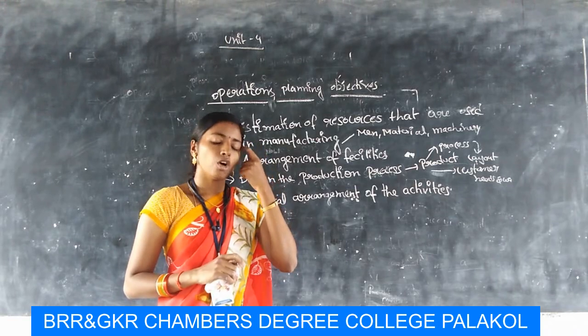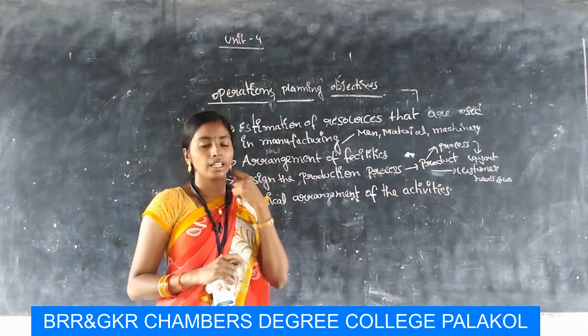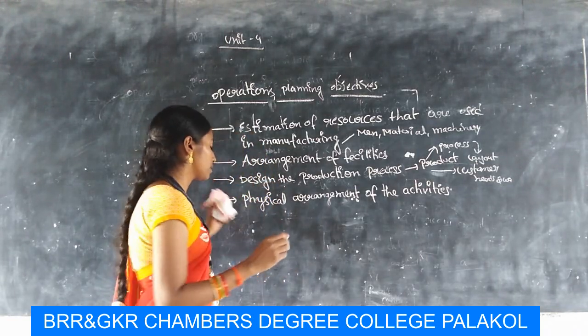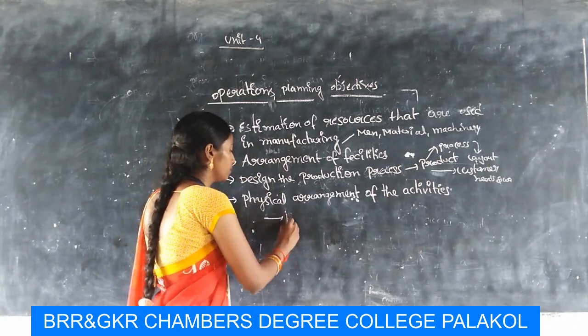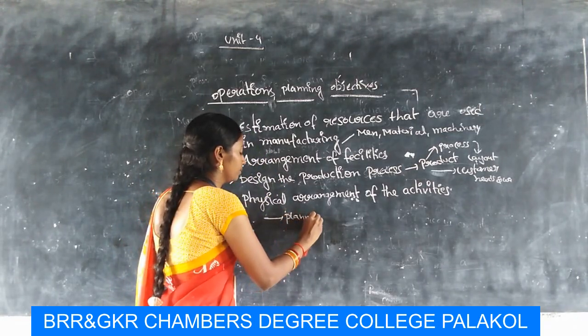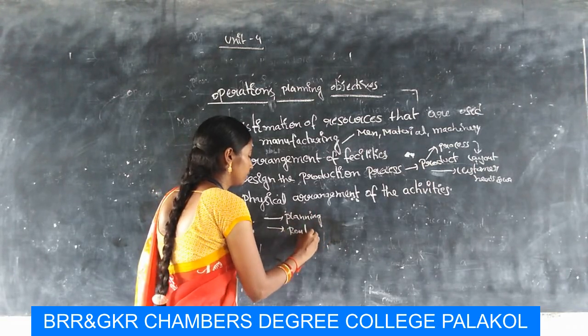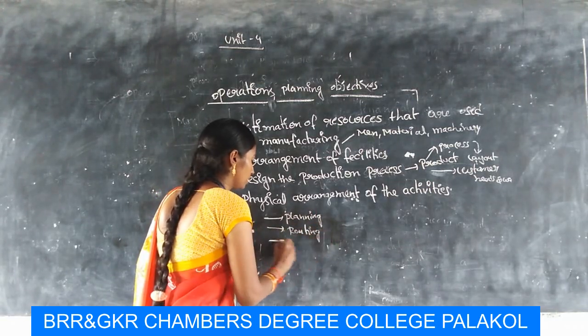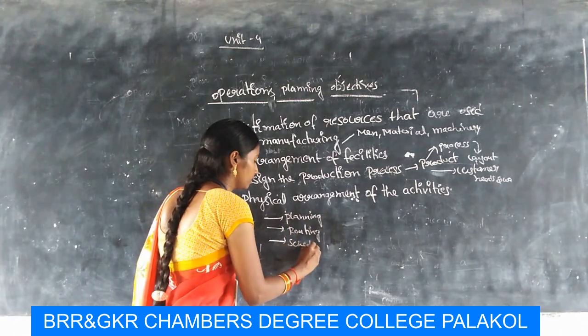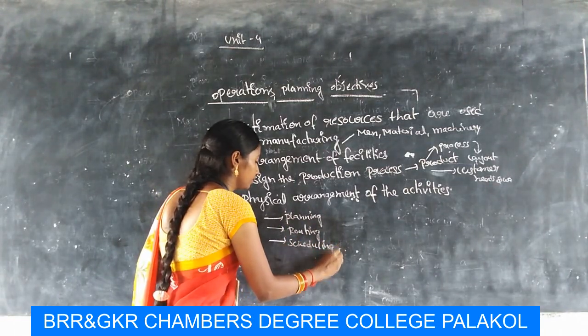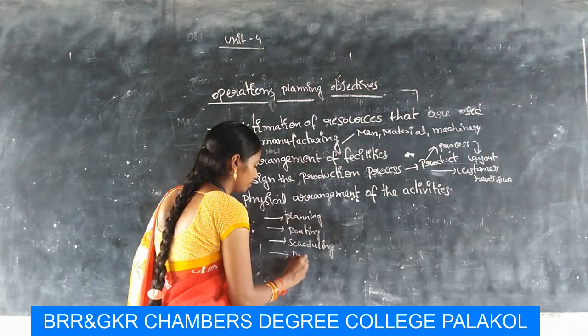As we know, operations planning and control have four elements: planning, routing, scheduling and dispatching.